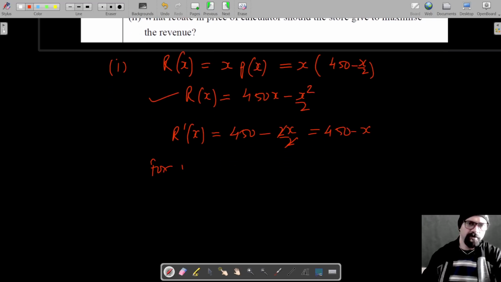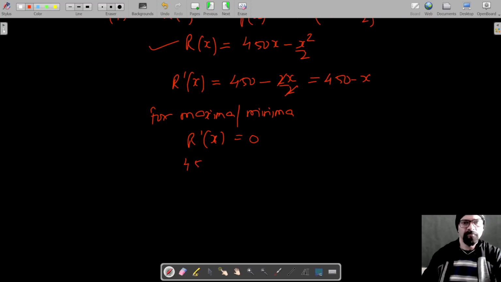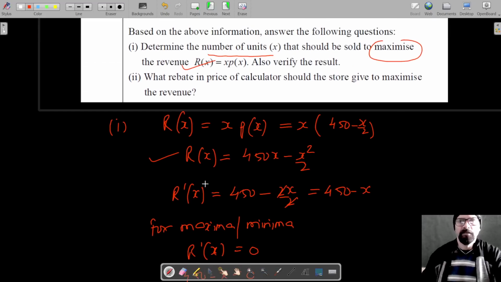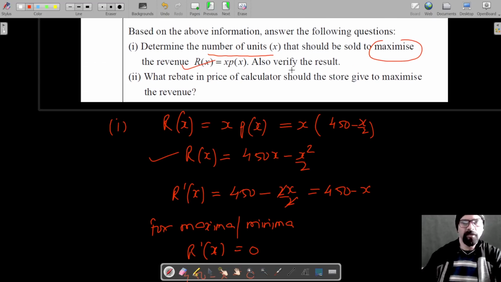We know that for the maxima or the minima, we get the critical value by equating this first order derivative to 0, which gives me 450 minus x is equal to 0. So the number of units sold should be 450 to maximize the revenue, and we have to verify the result as well.